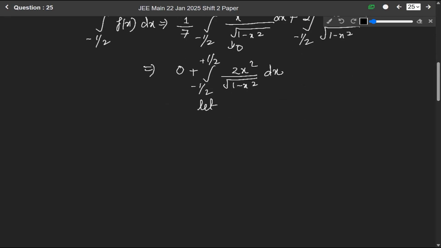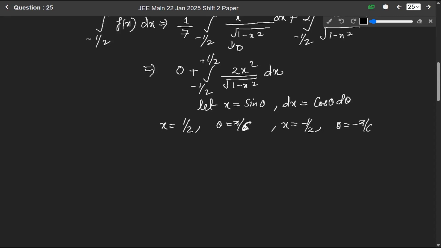So let x be sine theta. So from here dx will be equal to cos theta d theta. Okay. So when x equals 1/2, theta will be pi by 6. And when x equals minus 1/2, at that time theta will be minus pi by 6.